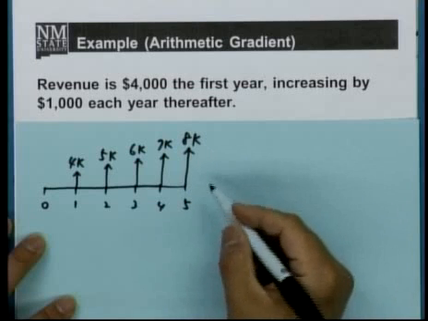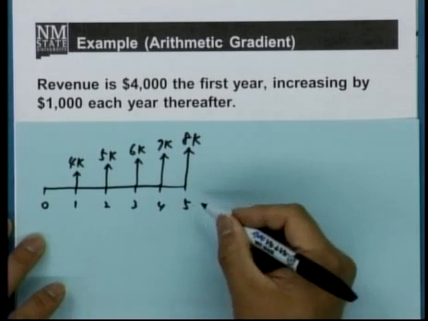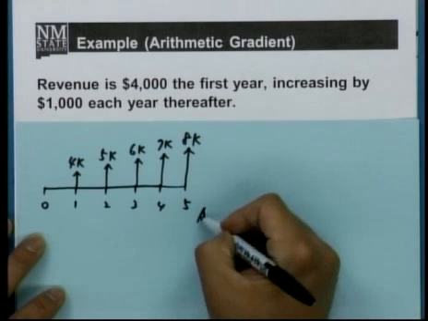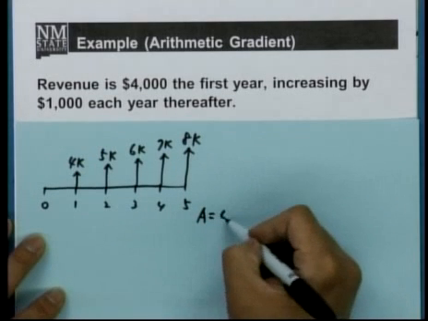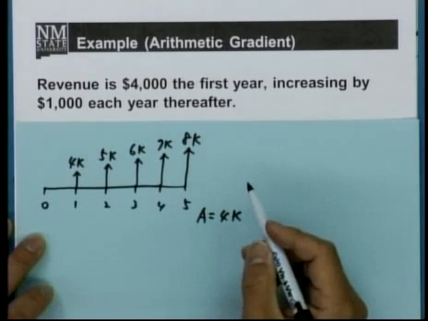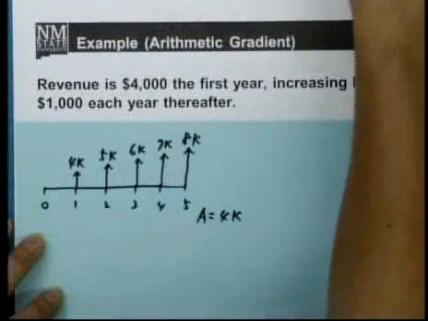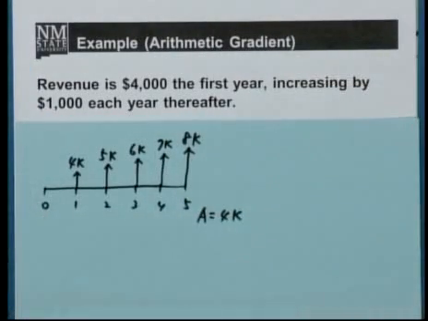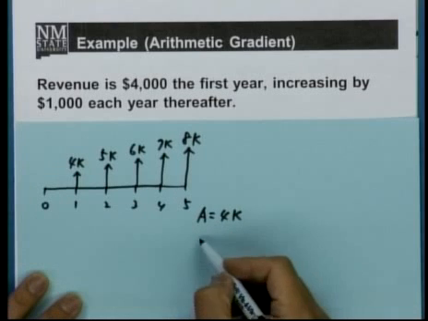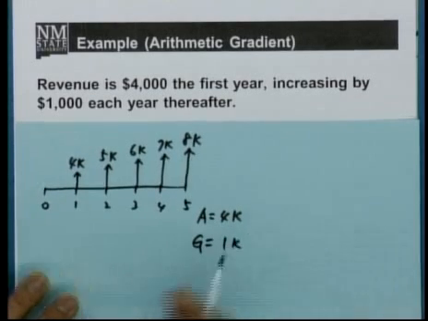So in that case, what is the value of G in this case? This case is going to be 1,000, right?